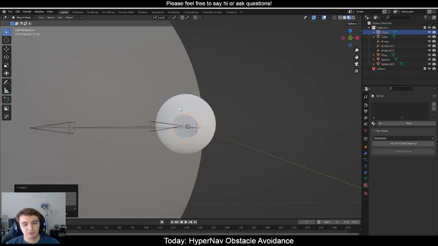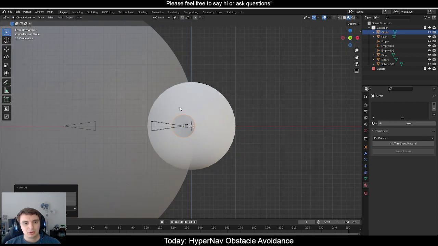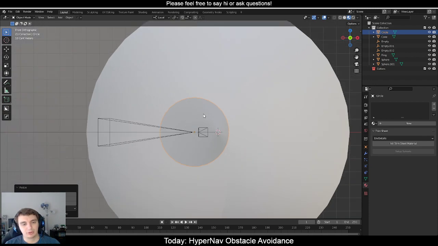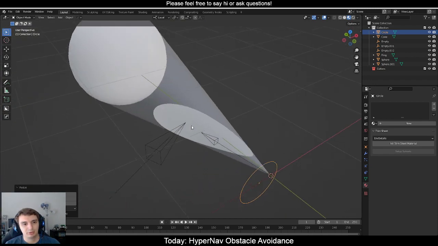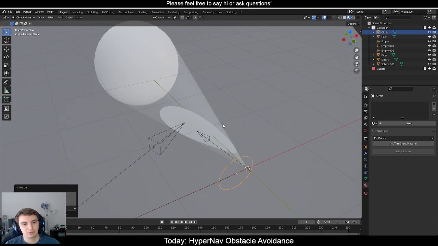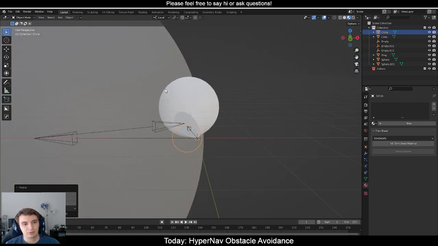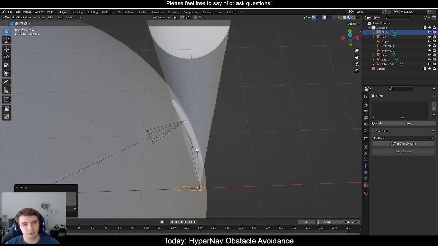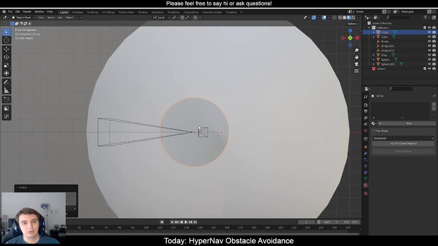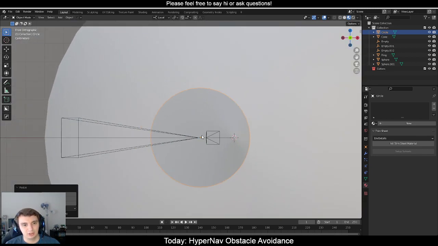And if it contains this vector, then we just want to find the closest point on this circle and project it onto the surface of this sphere. So then this circle, we need to know the radius and the position of it.